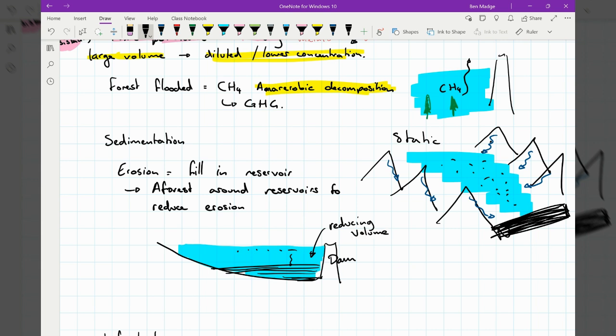That sediment also would have been useful downstream for things like adding nutrients to the soils nearby. So this sediment reduces the volume of the reservoir and actually shortens the lifespan of the reservoir as well, unless you can empty it out.